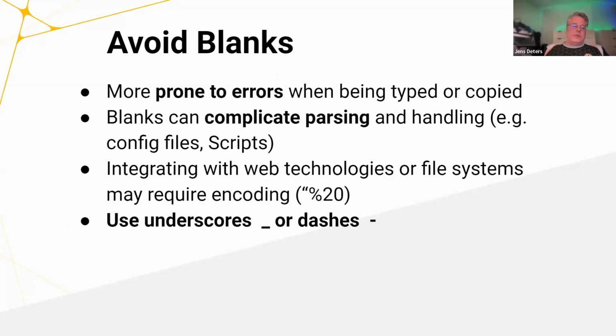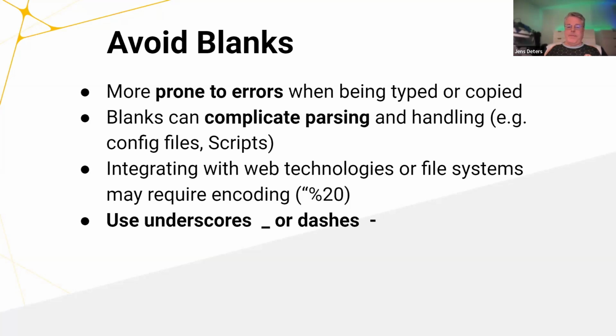Next thing that you should definitely avoid is blanks in your topics. This is a true source of error and typos, and blanks can also make it very complicated to parse a topic.